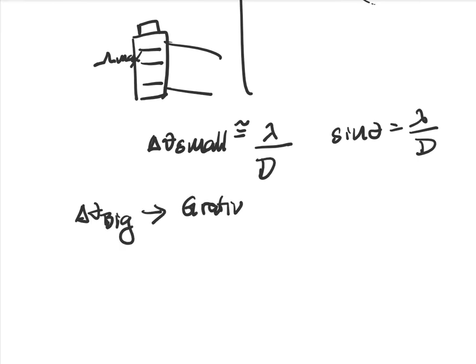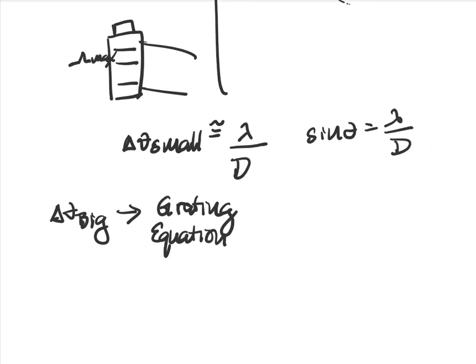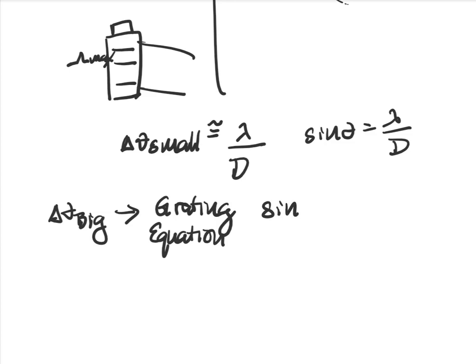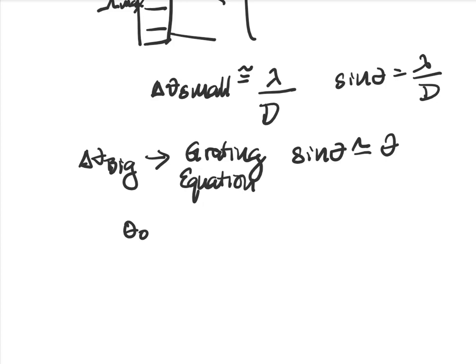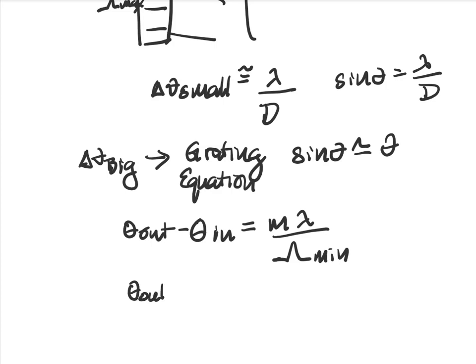That's going to come from the grating equation. So we make the same assumption we did before, that sine theta is equal to theta. Then the grating equation looks like theta out minus theta in equals m lambda over big lambda. We're going to write this twice: one for the minimum spatial period, and one for the maximum spatial period.